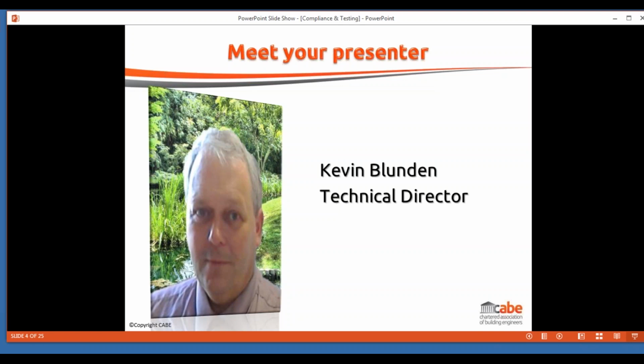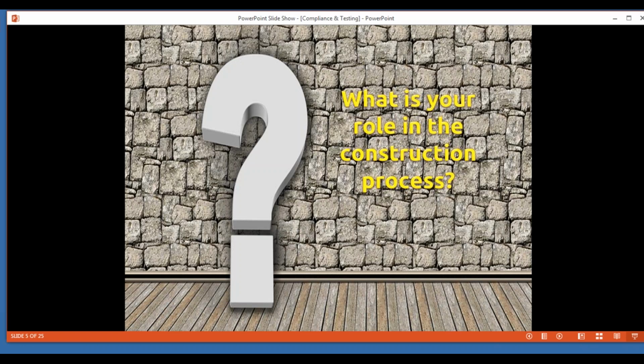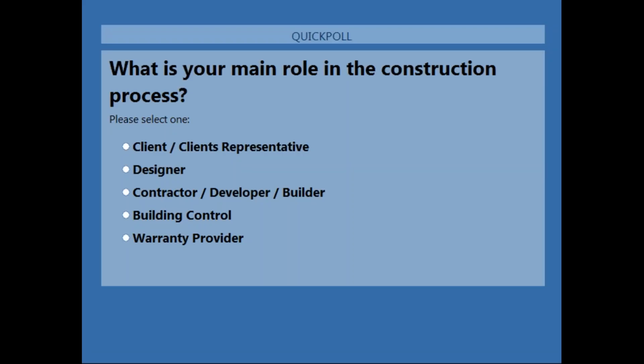The first thing I'm going to do then is to try and make sure I'm pitching at the right sort of audience. So as we've done on a few of these webinars, I'm going to ask you to let me know what your role in the construction process is. I'm going to give you the option of the client or their representative, the designer, a contractor, a building control, or a warranty provider. So you'll see shortly a poll coming up on your screen.